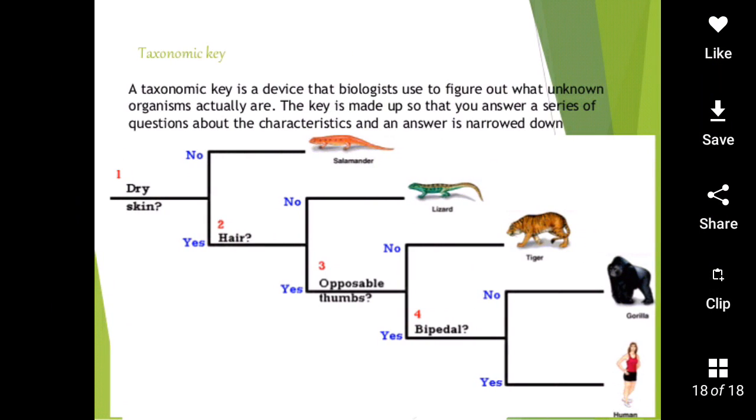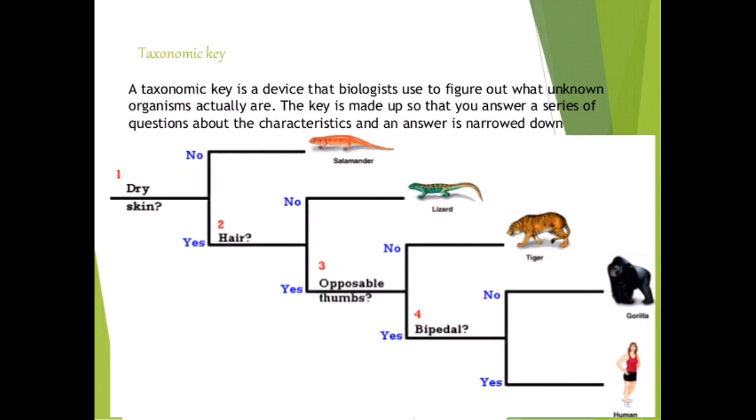For example, see one taxonomical key. A taxonomic key is a device that biologists use to figure out what unknown organisms actually are. The key is made so that you answer a series of questions about the characteristics and the answer is narrowed down.